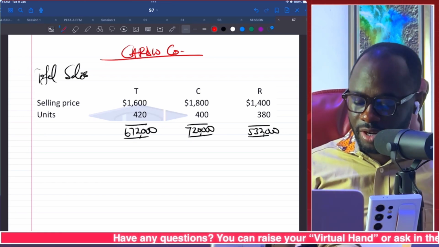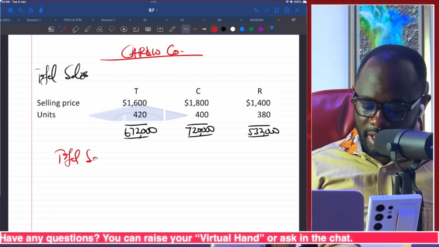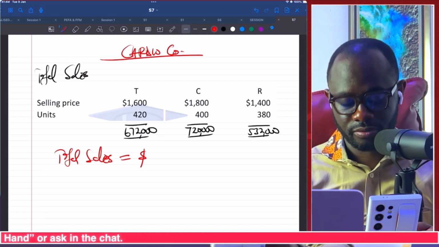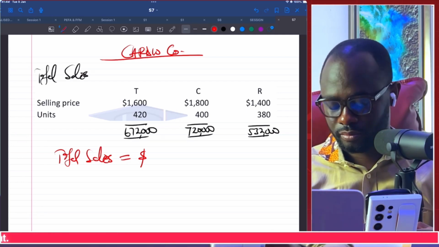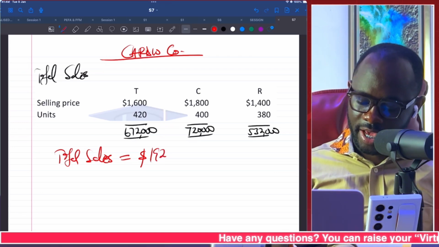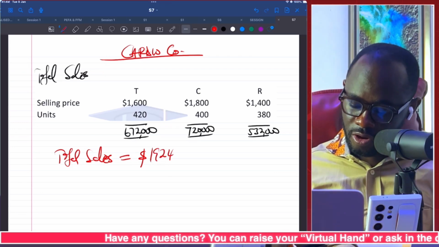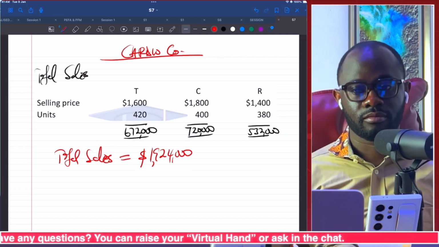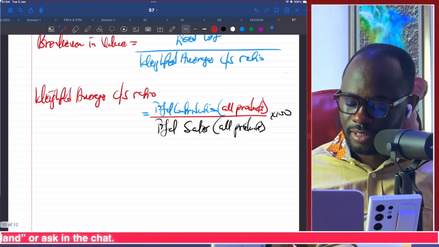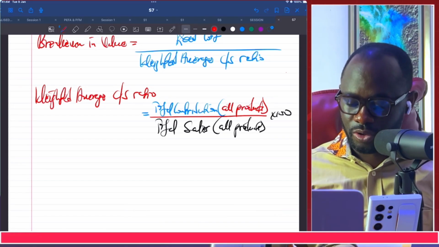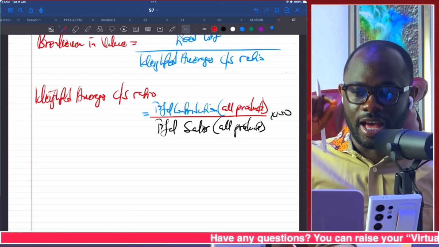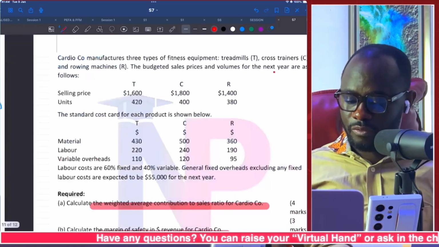So we add the 3 up, and that gives us the total sales for the 3 products, and that is 1,924,000. Now, that total sales is the denominator, because it is total sales from all the products. Now we need the numerator, total contribution from all the products.